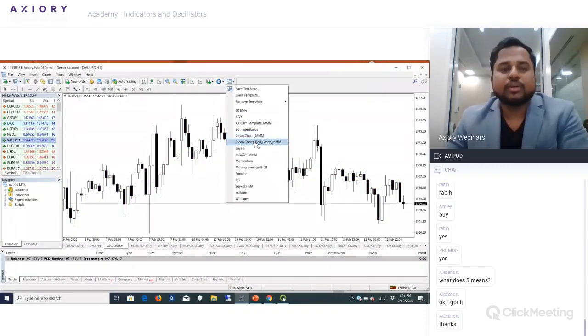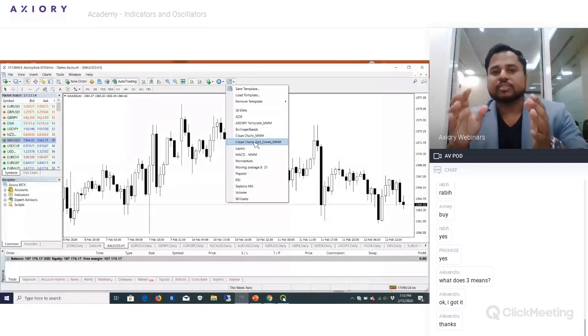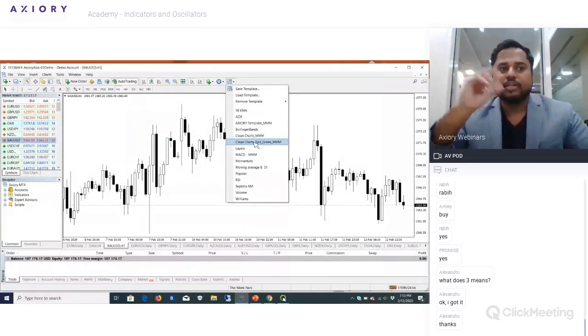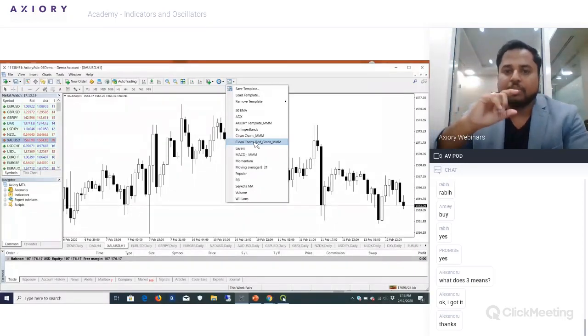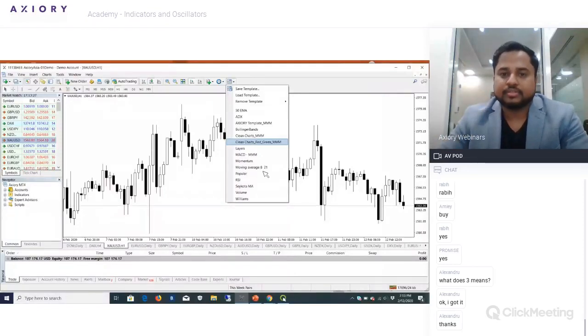Now I will teach you one technique to find the trend. You can write a heading called how to identify the trends, because last class we learned by the swings how the trend is going up or down. Now I am going to teach you one technique to understand the trend using moving averages.